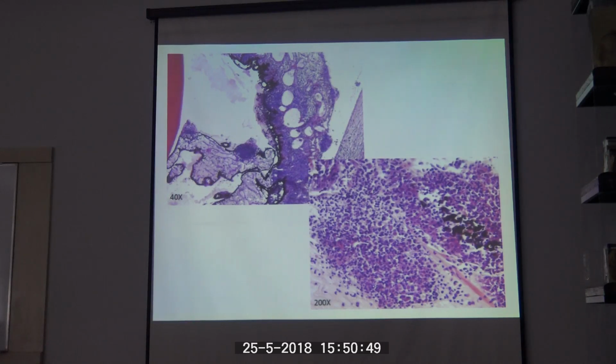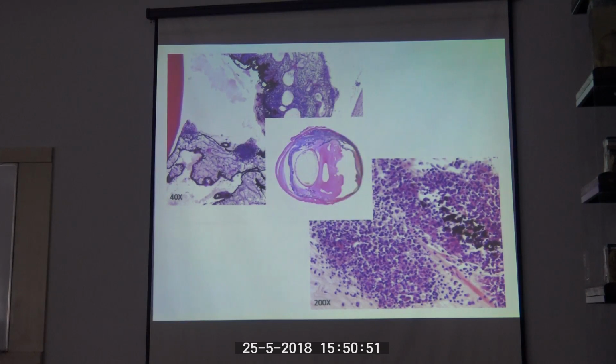I added this to my presentation just to point out that sometimes we have the effusive form that is characterized in the eye by the presence of all this protein within the ocular chambers. More often than not, though, the FIP manifestation in the eye is associated with the dry form, which is also the one that more commonly affects the brain.